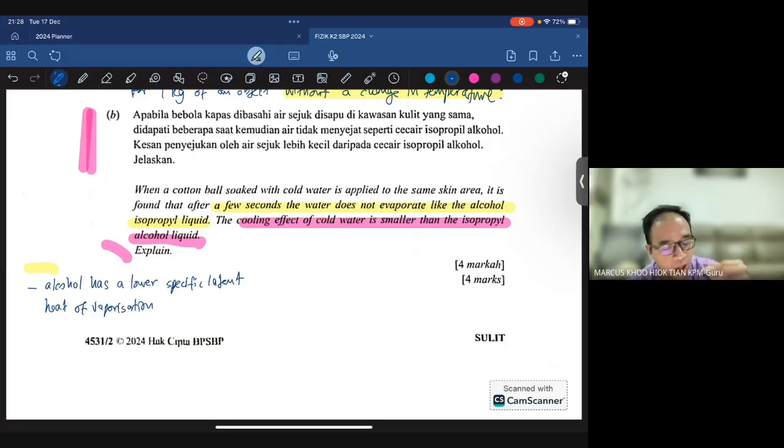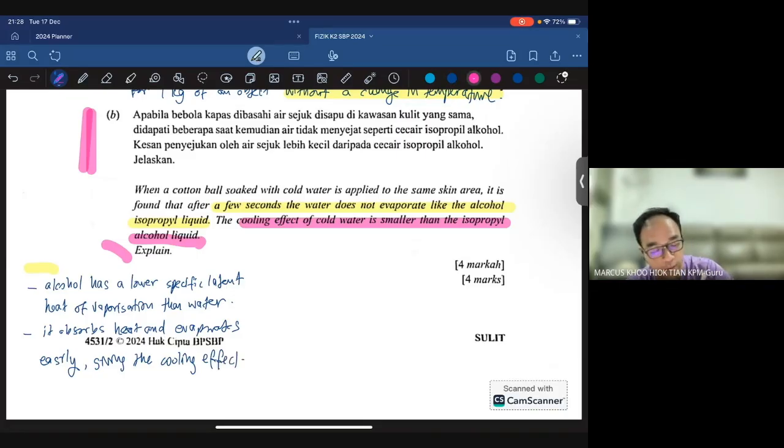Anyway, alcohol has a lower specific latent heat of vaporization than water. So that's why it vaporizes very easily. It absorbs heat and evaporates easily, giving the cooling effect.